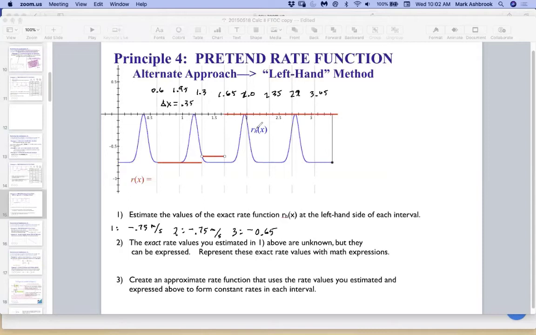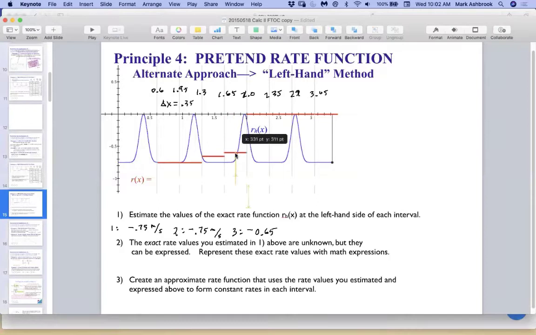All right, next one. So we'll go a little faster now if we're getting the hang of it. So the next one is going to be, if you look at the rate at the left side, negative 0.75 again. Boom. All right, what about the next interval? What's the rate at the left side of this next interval starting at x equals 2? Negative 0.2.